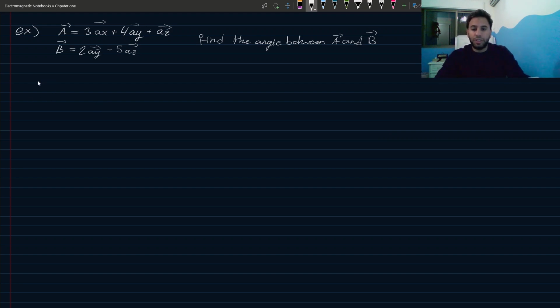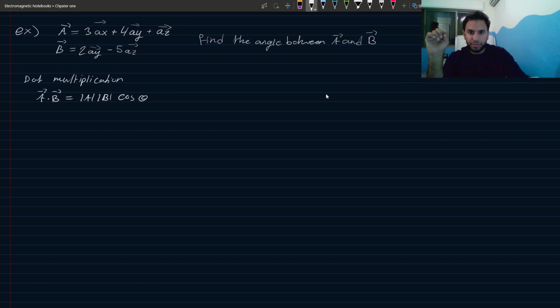The first equation is the definition of dot multiplication, and it says A dot B will equal the magnitude of A multiplied by the magnitude of B multiplied by the cosine theta.